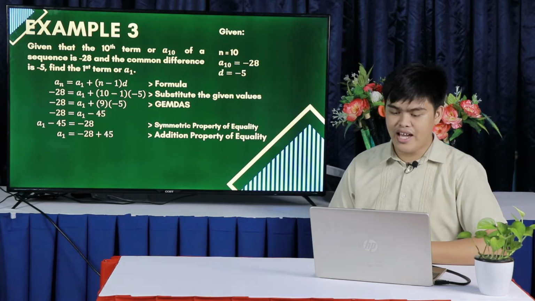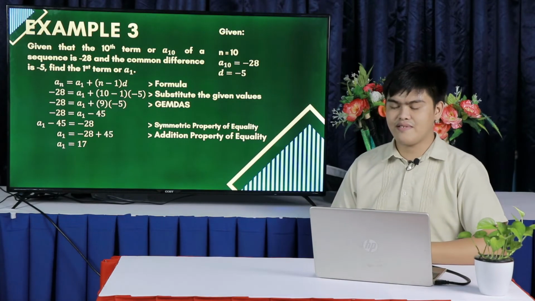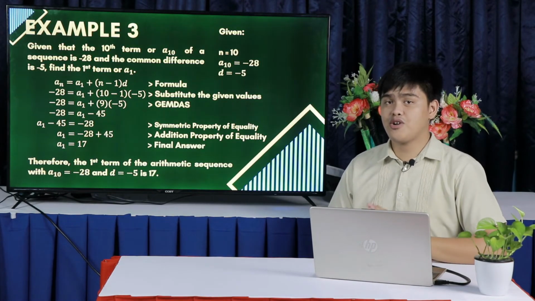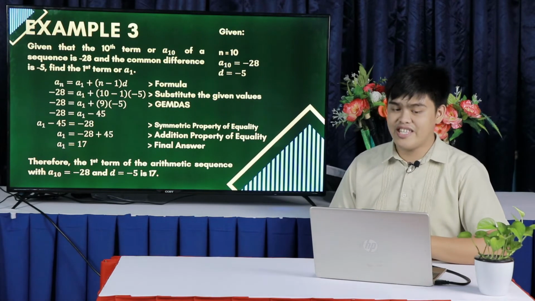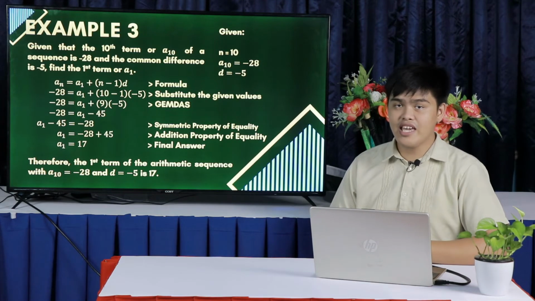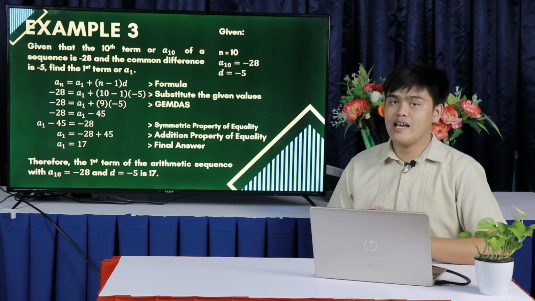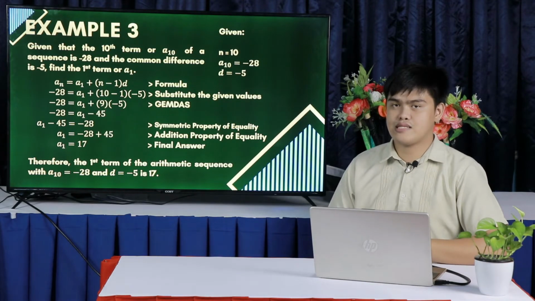This can be simplified to a sub 1 is equal to 17. Therefore, the first term of the arithmetic sequence with 10th term equal to negative 28 and d, or the common difference, equal to negative 5 is 17. I repeat, the first term is 17.